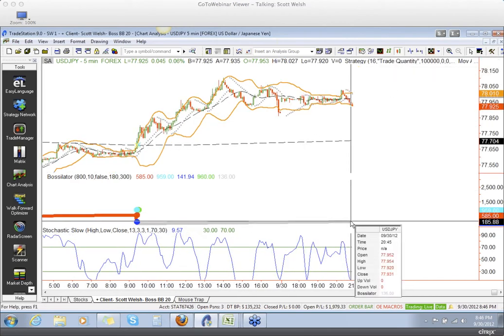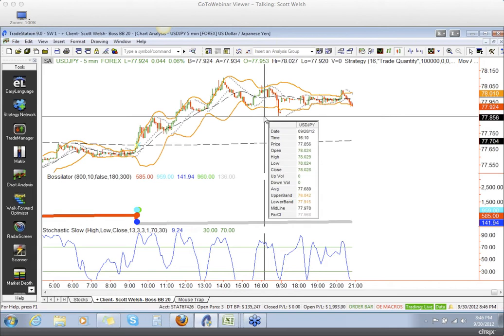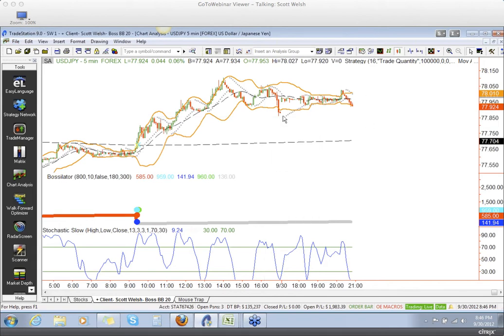On the Bossilator reading, we're at 138 on my chart, which to me is trend time. It wouldn't surprise me, because it's not really moving, even if it came down and touched. If I were trading on the 5-minute chart, I'd be looking for a retracement, maybe down below this bullish band, maybe this low, and try to catch an upward trend.